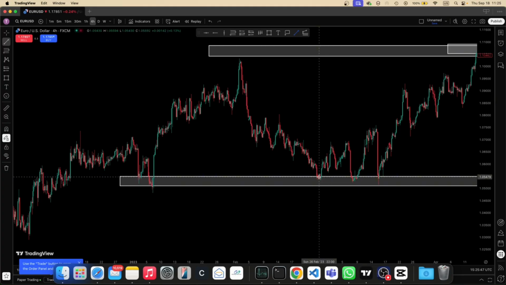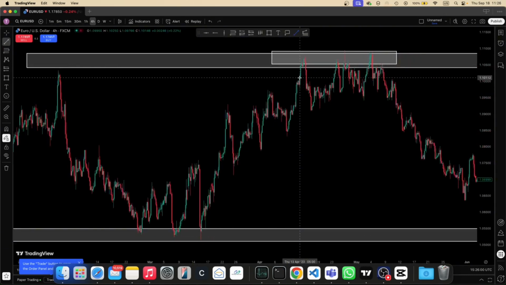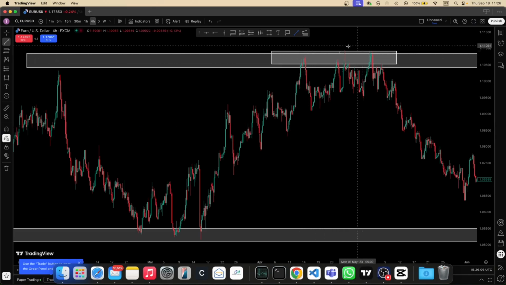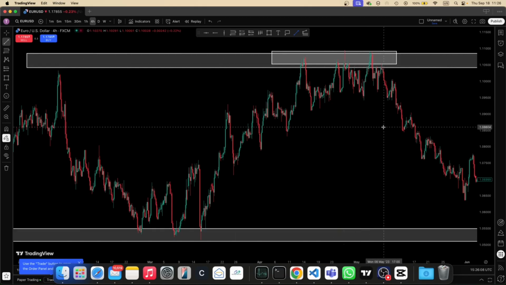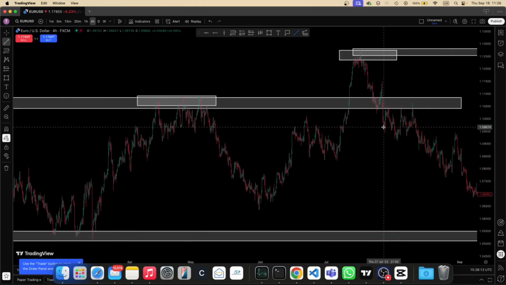At this support, the market came here and then went up, dropped back, went up, dropped back, went up, dropped back. It gave so much time for you to enter and make money. Same thing at resistance. Don't immediately sell. Wait for the first push and then retrace, and then you can buy and you can sell. So this is one tip for you.